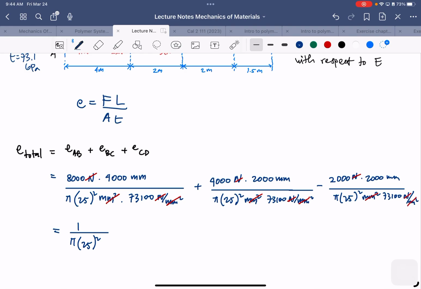Now we have 73, 100, and then maybe taking 1 million, can we do that? 32 plus 8 minus 4. So it will be 36.